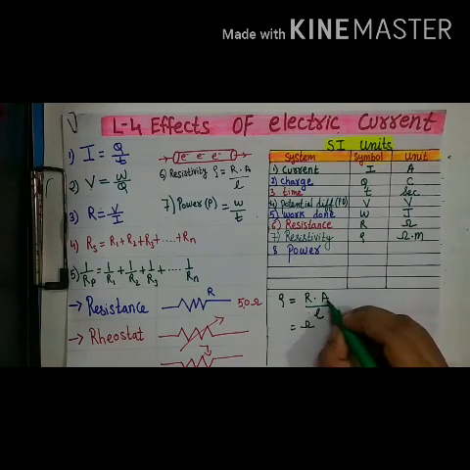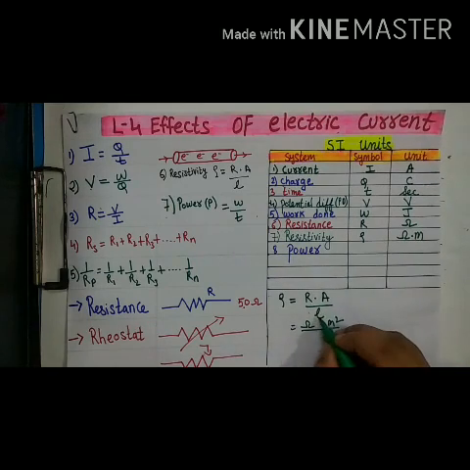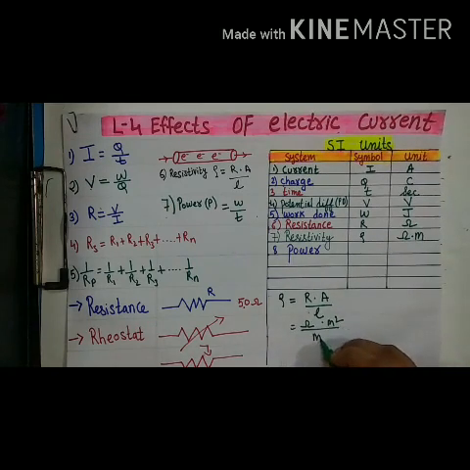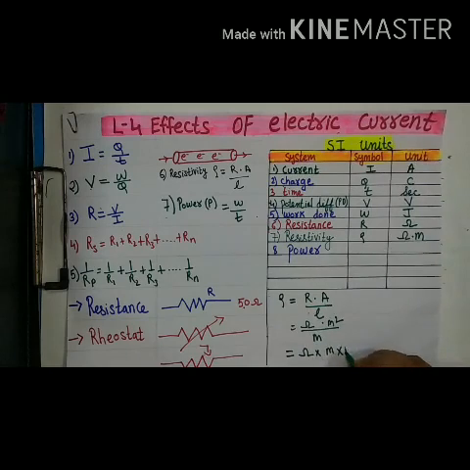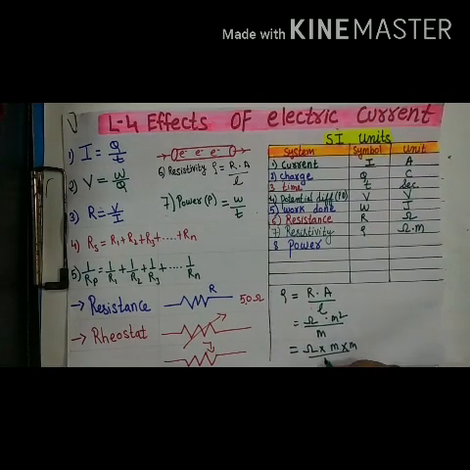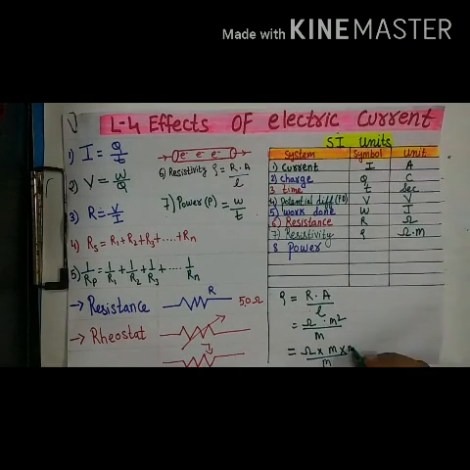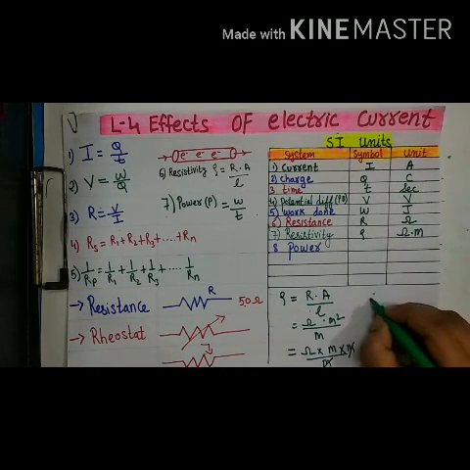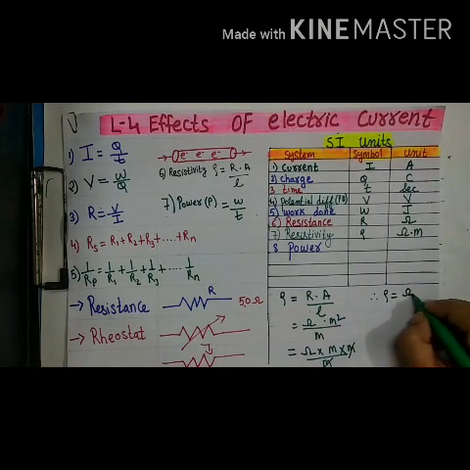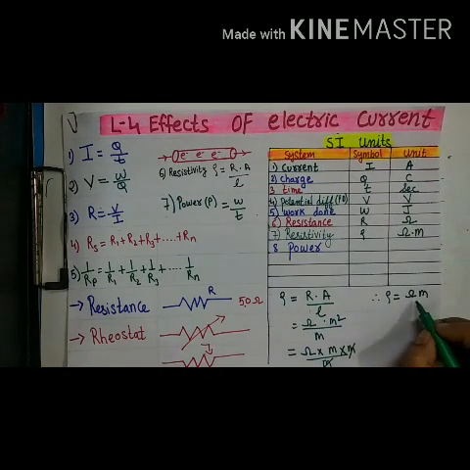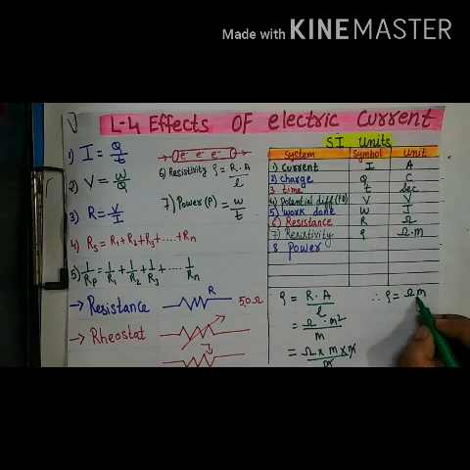Therefore, the unit for area is meter square and the SI unit of length is meter. When you simplify this, we get ohm into meter square upon meter. Meter gets cancelled and therefore resistivity becomes ohm meter. That is, the SI unit of resistivity is ohm meter.